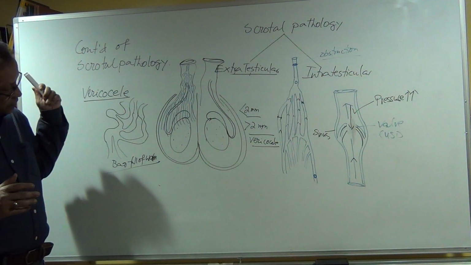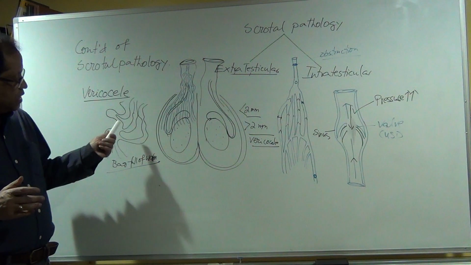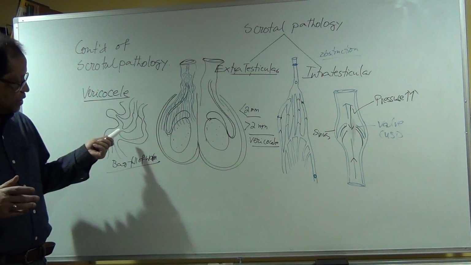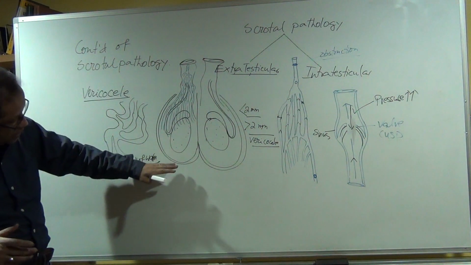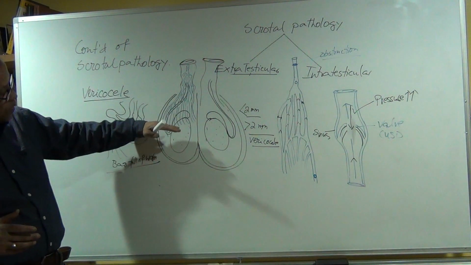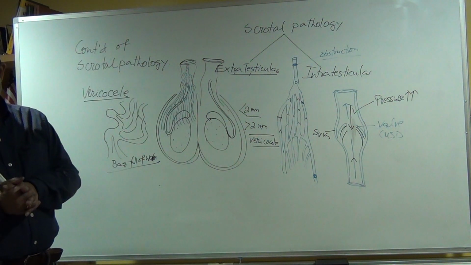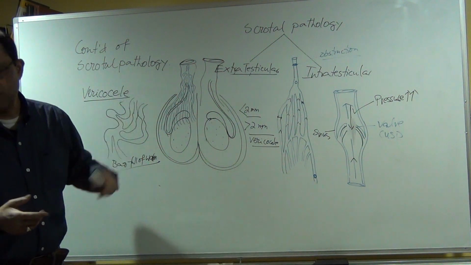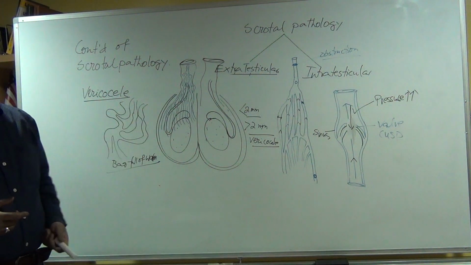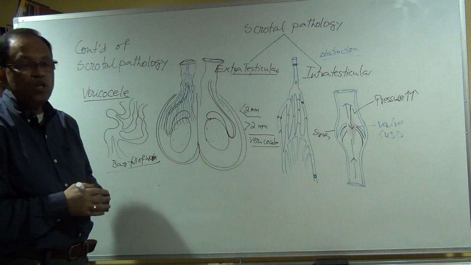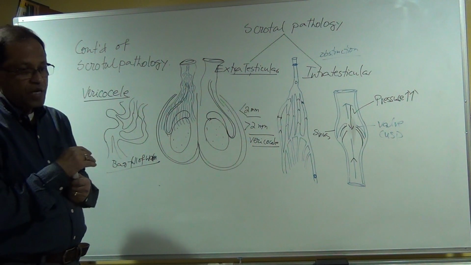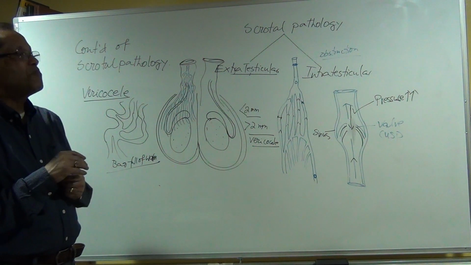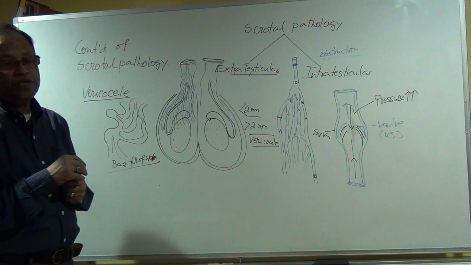So if you see this sonographically during the scrotum exam, where are you going to see it? At the bottom of the scrotum or above the upper pole? Above the upper pole. Because these varicoceles you will see above the upper pole or above the head of the testis, epididymis. You will see multiple anechoic tubes.